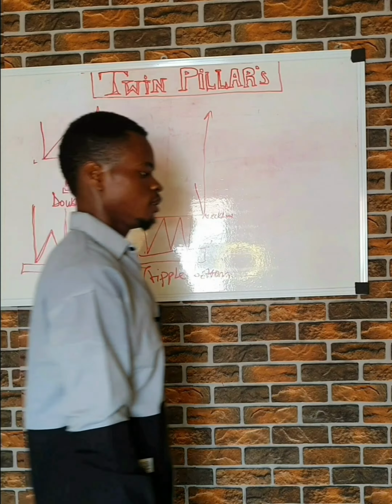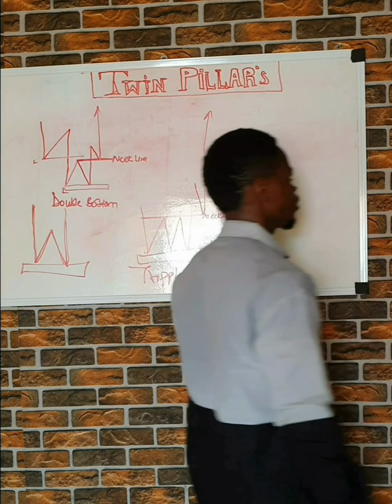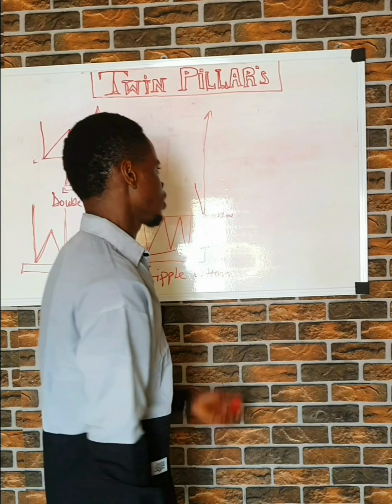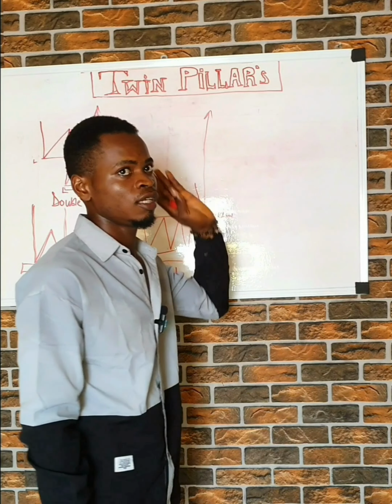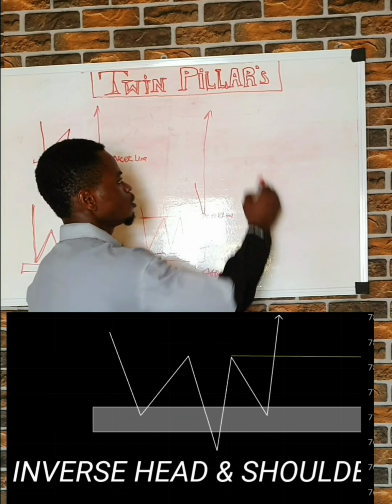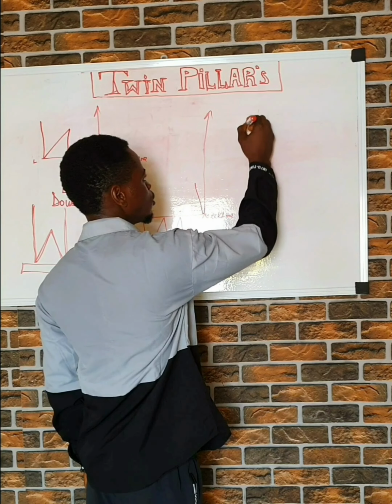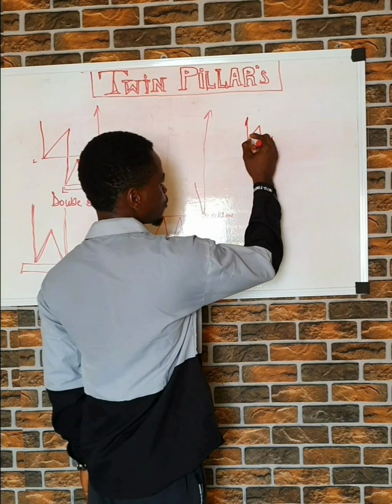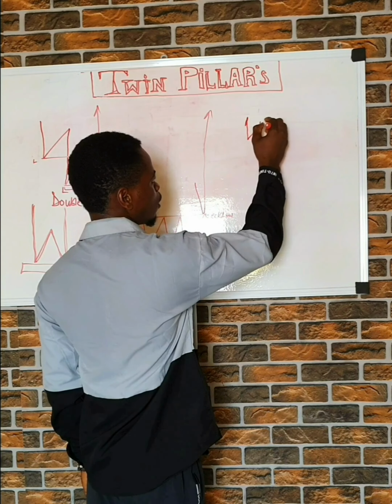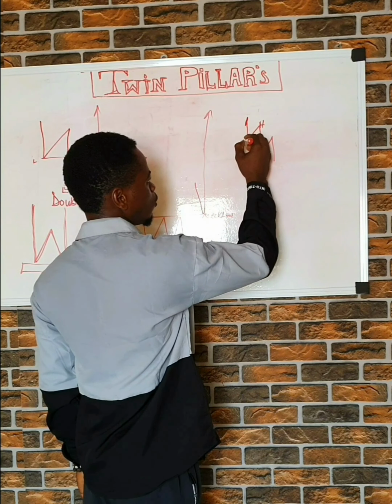Now the third one is the head and shoulder pattern, or the inverse head and shoulder pattern. But in a bearish scenario, you'll be seeing an inverse head and shoulder pattern. That is when you have something like this. Let me say you're coming from a bearish trend. You see, price has been giving you a lower high and a lower low.